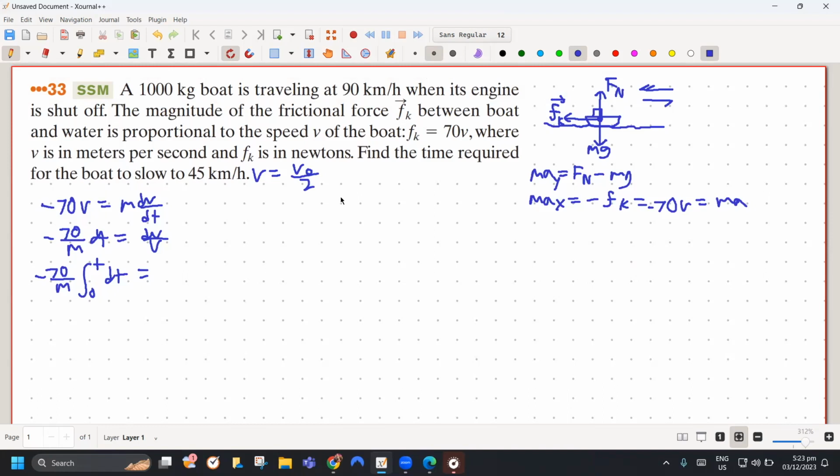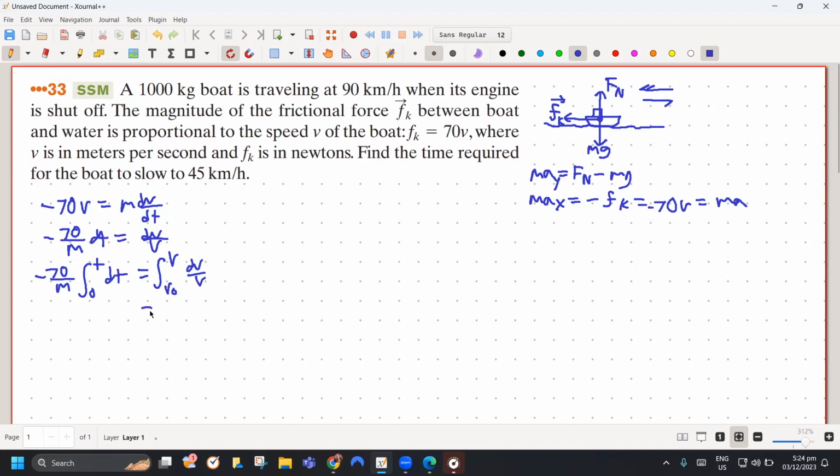Tapos, wag mo munang i-assume na half. Just call it V and V naught. So that's just going to be ln of, or integral from V naught to V, kasi yun yung starting.